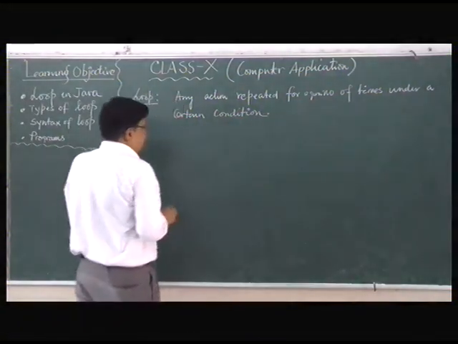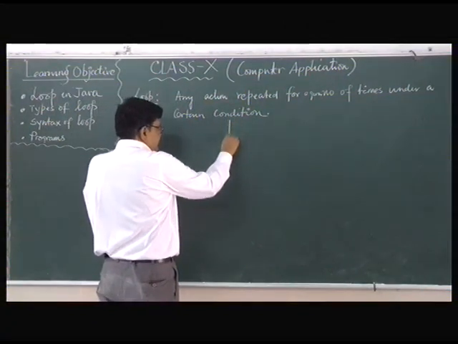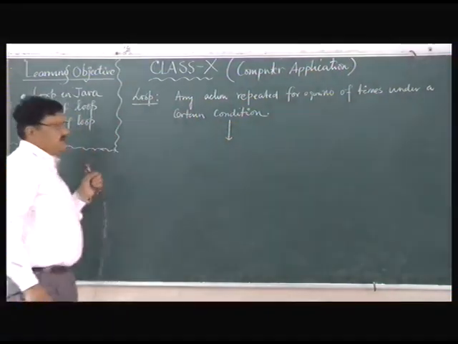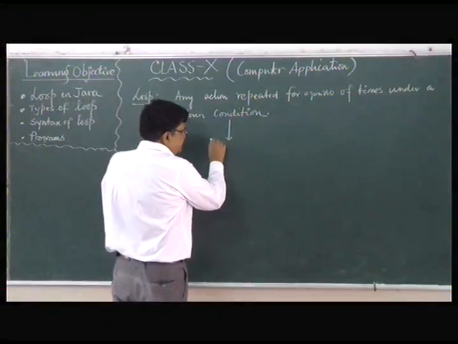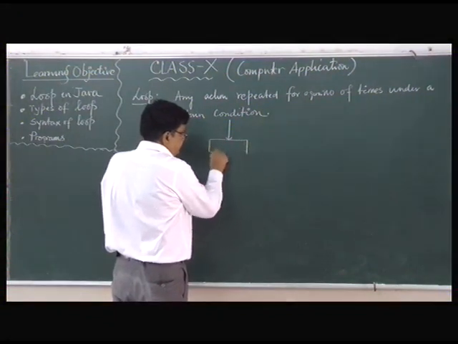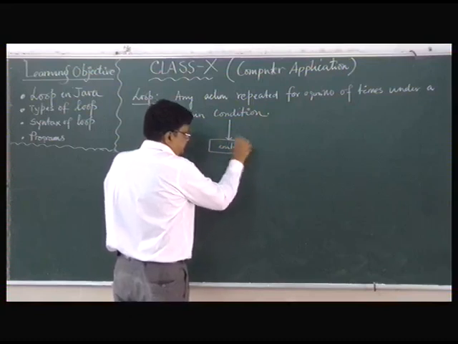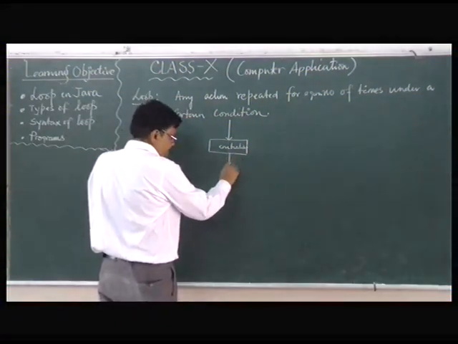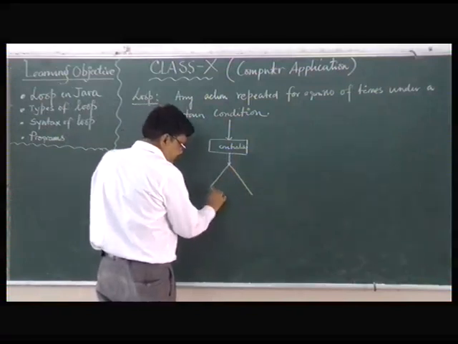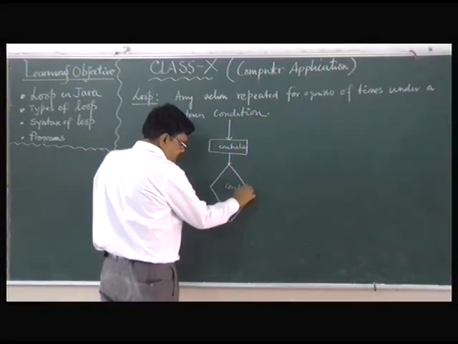Now, for example, look at how this loop actually runs. This can be explained through a flow chart. This is the initialization. After this there is a condition, true or false.